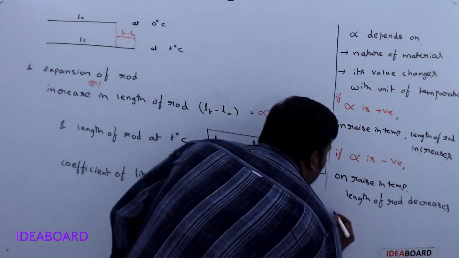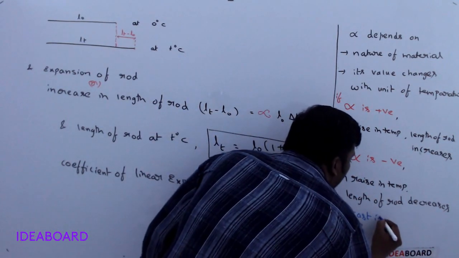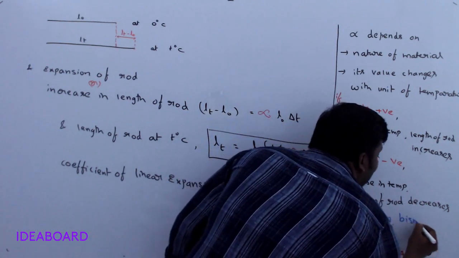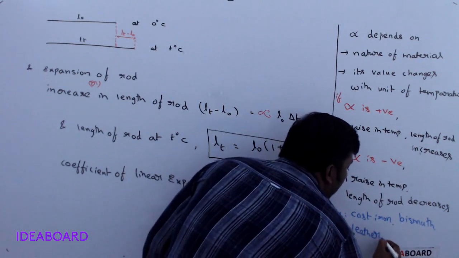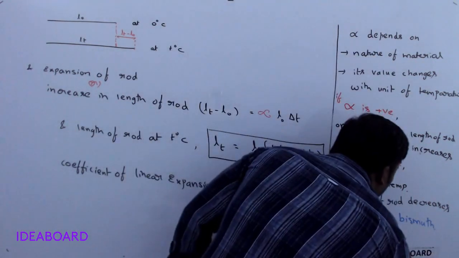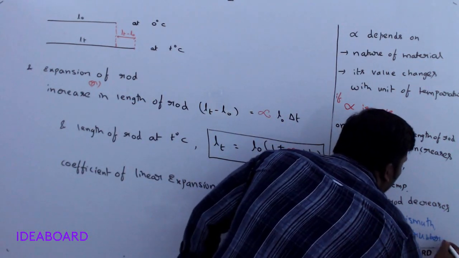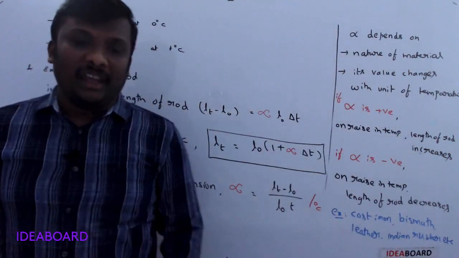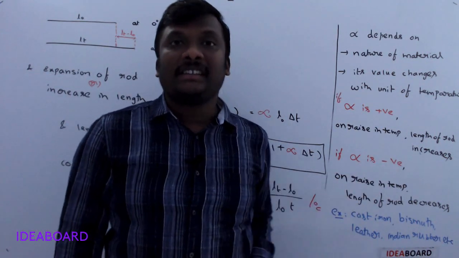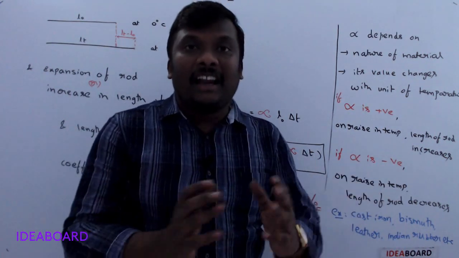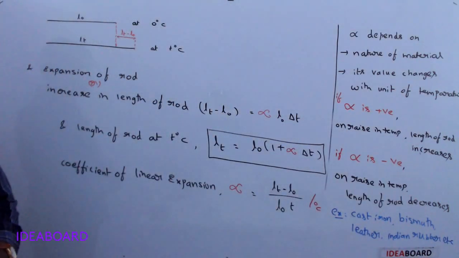Yes, we have certain examples: cast iron, bismuth, leather, and Indian rubber, etc. For all these types of materials, alpha is negative. That indicates that on rise in temperature, contraction takes place. Clear now? So this is about alpha.